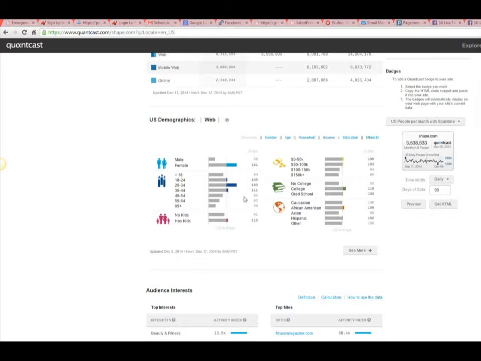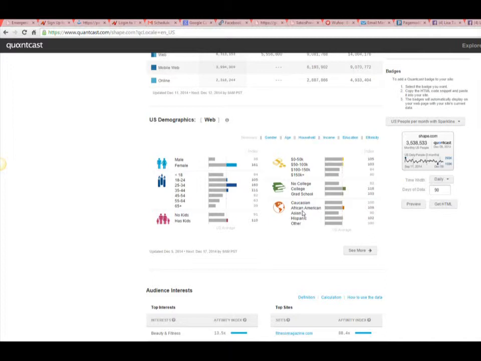So you might want to create your ad depending on your wording, and you might separate these out. That's very important. Then also income, depending on what your market is, that could be very important to you. And then you can see the ethnicity and see exactly who is actually visiting this site.